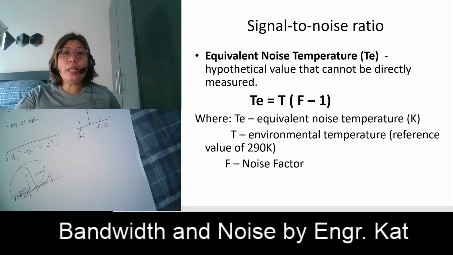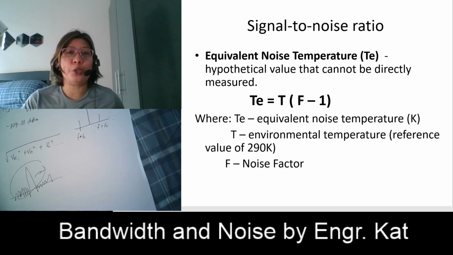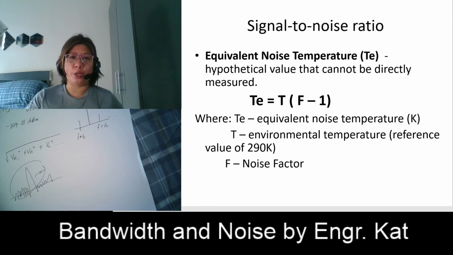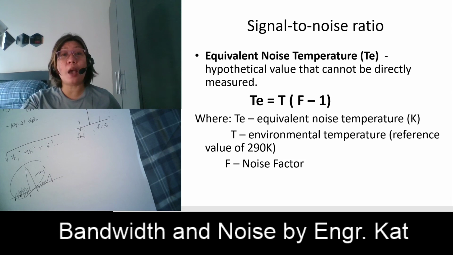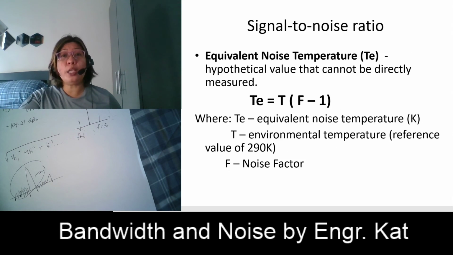We have your equivalent noise temperature, or TE. This is a hypothetical value that cannot be directly measured. So you cannot use a thermometer to measure this. We cannot get a thermometer and measure the equivalent noise temperature. All you have to do is compute for this, as long as we have your noise factor.